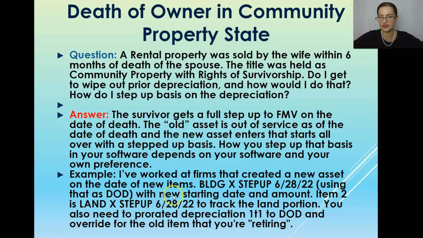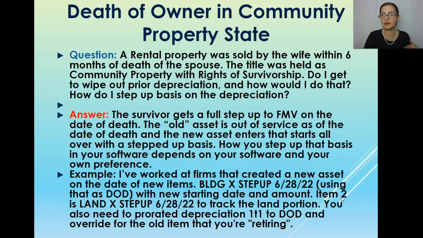When you enter in the new asset, you enter the new starting date and the amount, and then of course there's going to be a land value if it's a house. I know that sometimes there are rare instances where you're not going to have a land value if it's a condo. There are some states and some areas where there's no land value for the condo. When I was in California, there was always a land value for the condos.